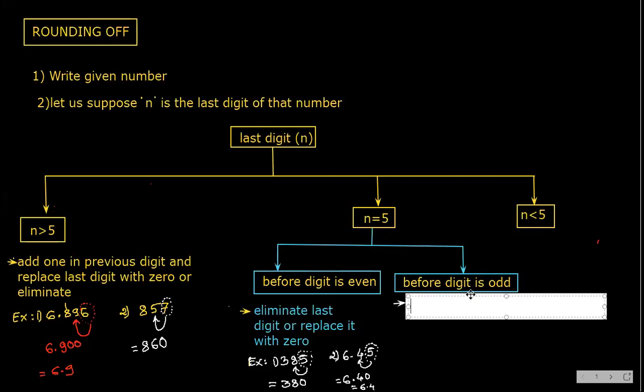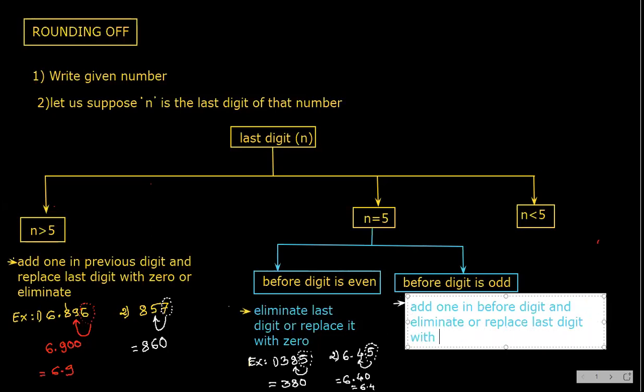If the before digit is odd, then add 1 to the before digit, and eliminate or replace the last digit with 0.